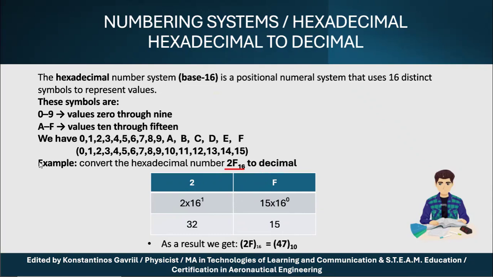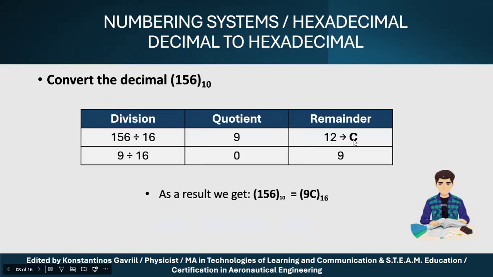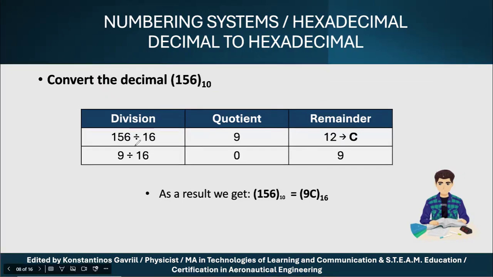We continue now in the opposite direction, decimal to hexadecimal. Remember what we have said, when we go from decimal to something else, we make division. So the same thing we are going to do now here. We have 156 as the decimal number. We divide by 16, we get 9 and the remainder is 12.